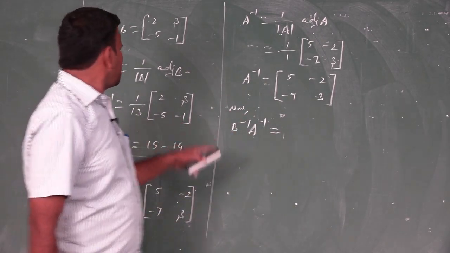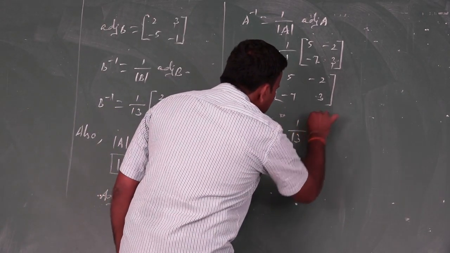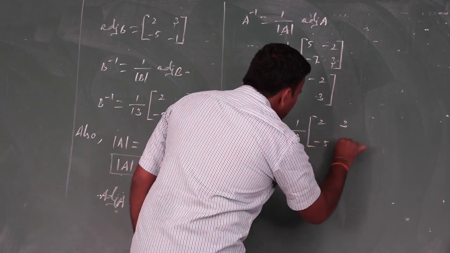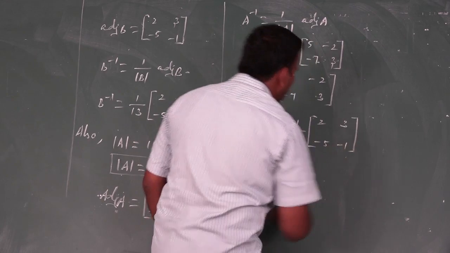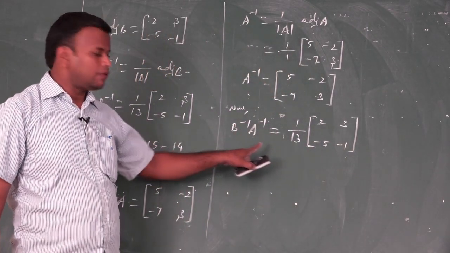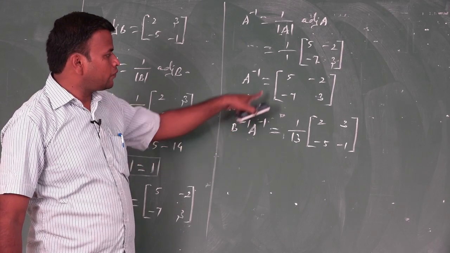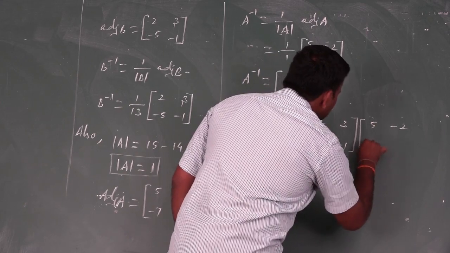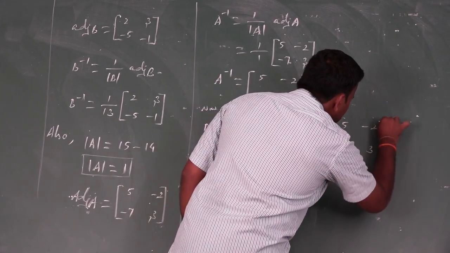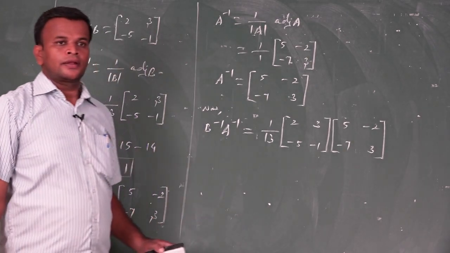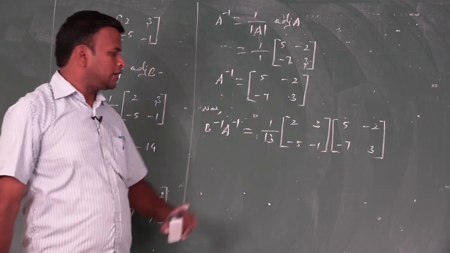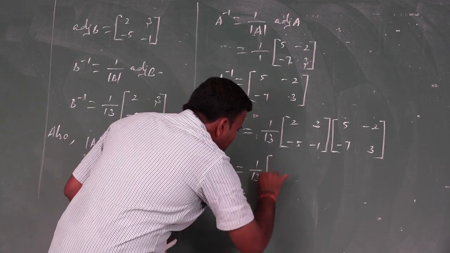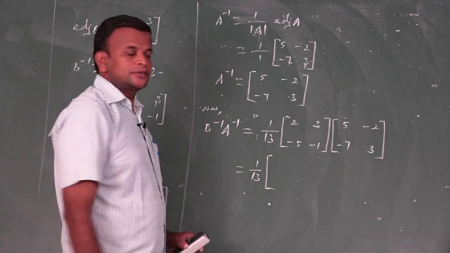The value of B inverse is 1 by 13 of [2, 3; -5, -1]. And the next matrix A inverse is [5, -2; -7, 3]. Now we multiply these two matrices. Outside, the scalar 1 by 13 is there, so we keep 1 by 13 as it is.